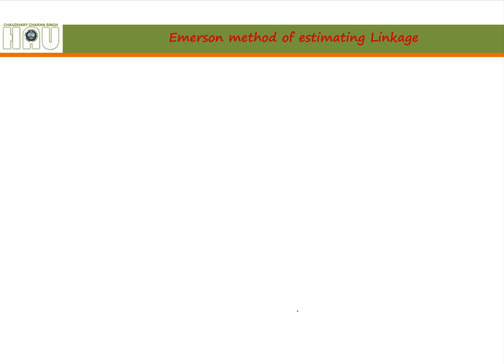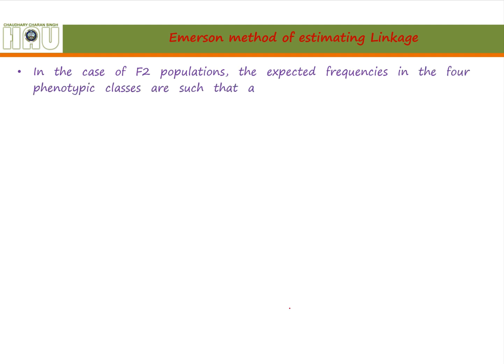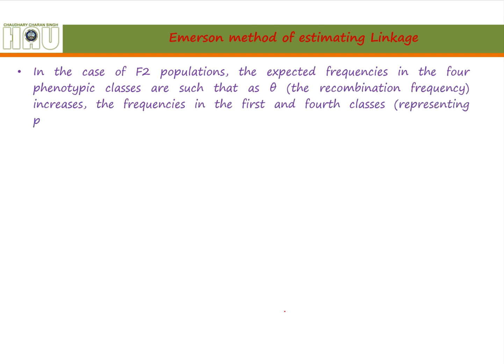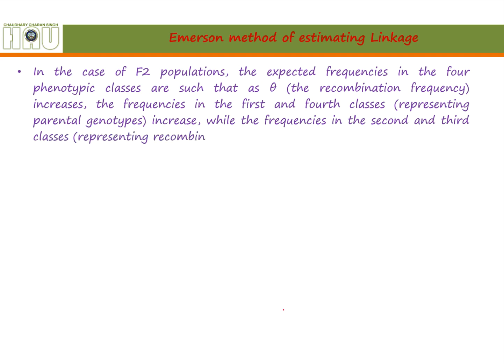So in case of F2 population, the expected frequency in the 4 phenotypic classes are such that as theta, which is nothing but recombinant frequency, increases, the frequency in the first and fourth class, which represent the parental genotypes, increases, while the frequency in the second and third class, which represent the recombinant genotypes, will decrease.